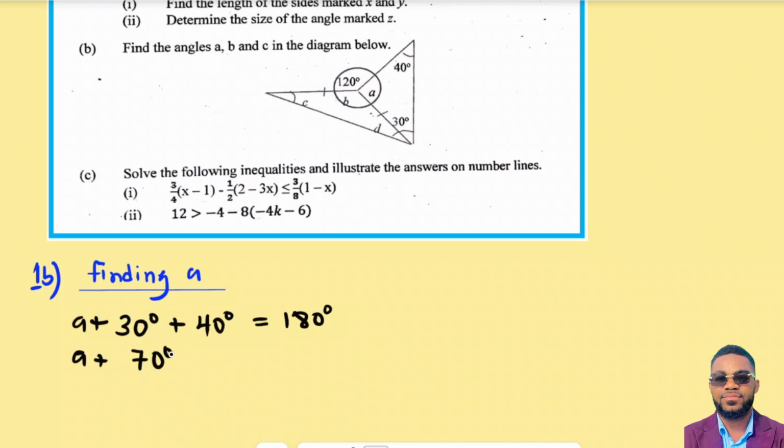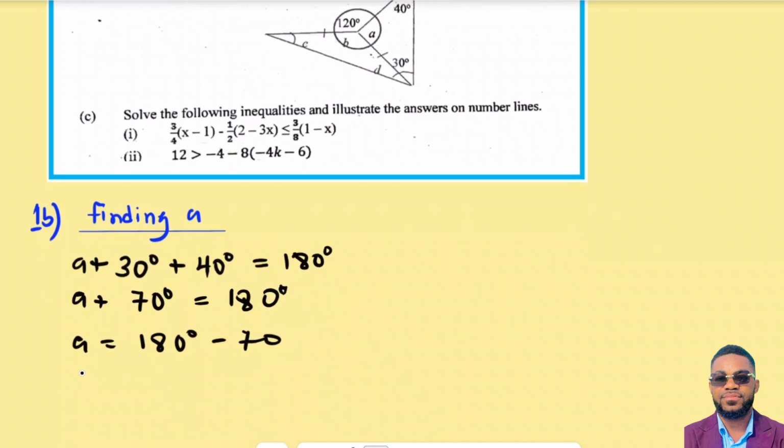So you have 70 degrees plus A equal to 180 degrees. So now A is equal to 180 degrees minus 70 degrees. I've just taken this one to this side. So that means that A is equal to 110 degrees.